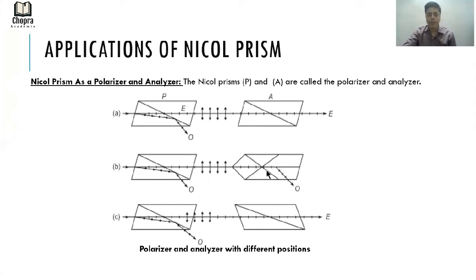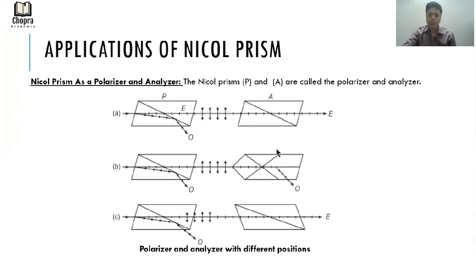Now once we start rotating the Nicol prism A, which is the analyzer, we keep rotating it and we get no light after some time. There is no light coming out here, see, in this case. So at different positions, by rotating the Nicol prism A, you can control the intensity at the output.